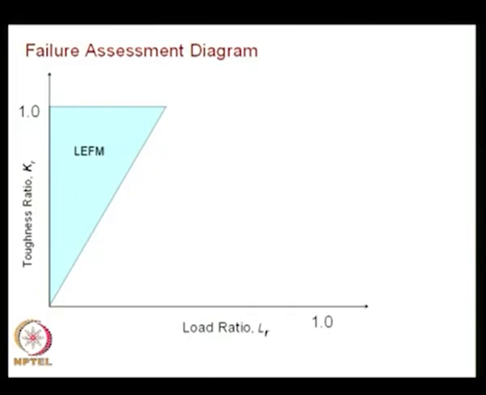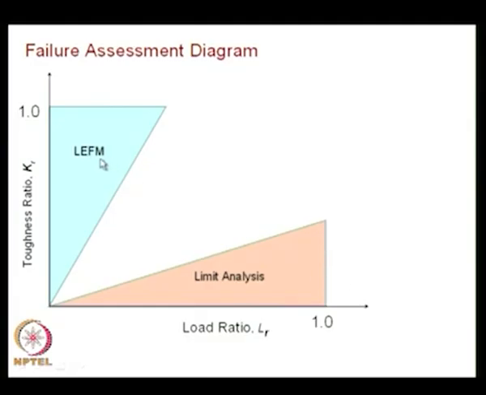So what people initially looked at was, when the loading on the specimen is about 30%, it is essentially dominated by LEFM. You will have a brittle fracture. If the loading is very close to the yield strength of the material, it is essentially dictated by plastic collapse.